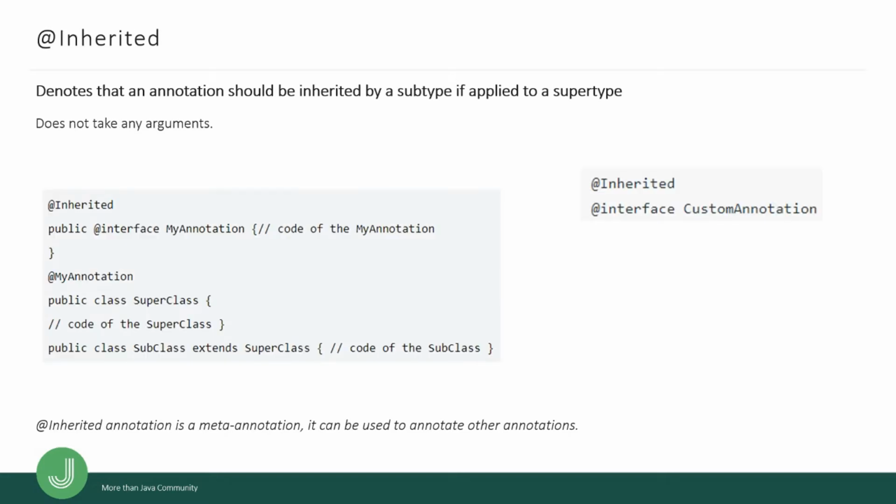So the next annotation is inherited. That's just an annotation that shows that if we're applying some annotation to a class, every other subclass that extends this class will also have this annotation applied. So here's what I'm talking about. First of all, there is the main usage represented on the right picture, and here's a small example. We're creating an annotation called meta-annotation, and we're marking it as inherited.